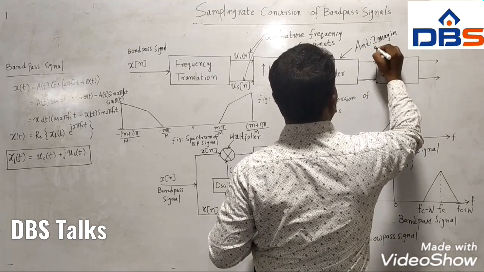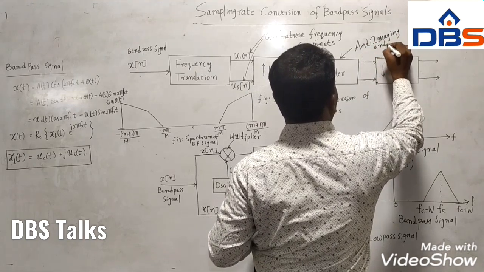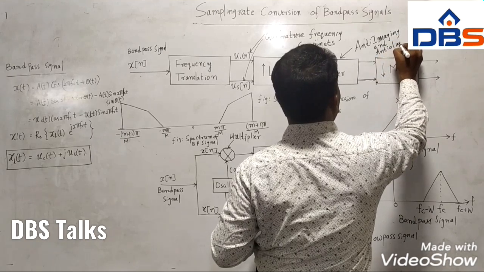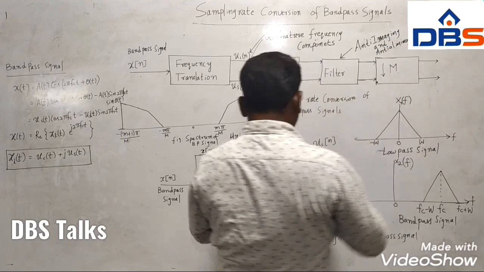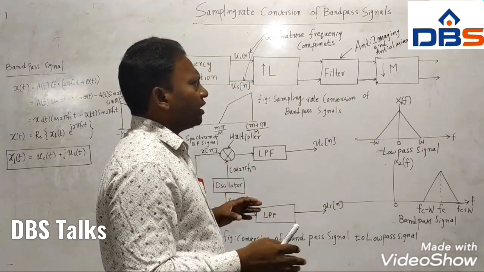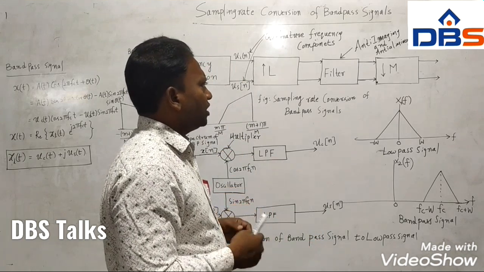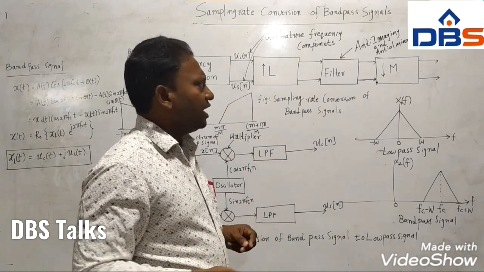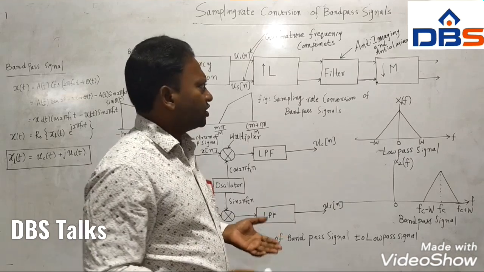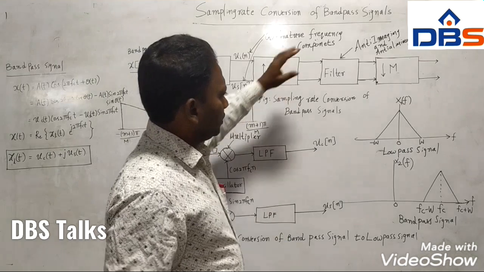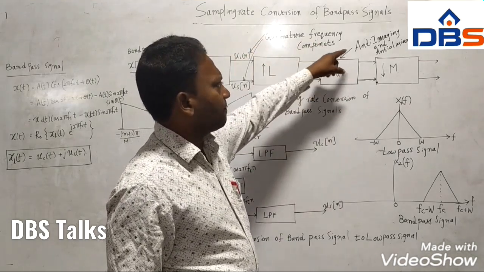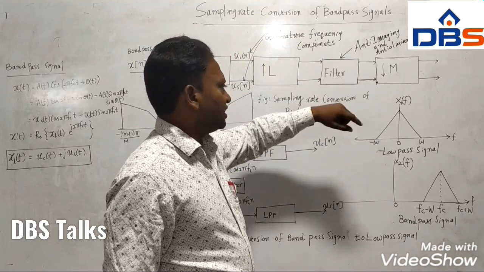Anti-imaging means whenever multiple images are there, you can remove any unwanted images. In the same way, anti-aliasing means if you have any high frequency components which are not suitable for your application, you can remove them. Therefore, this filter has the two functionalities, anti-imaging and anti-aliasing.